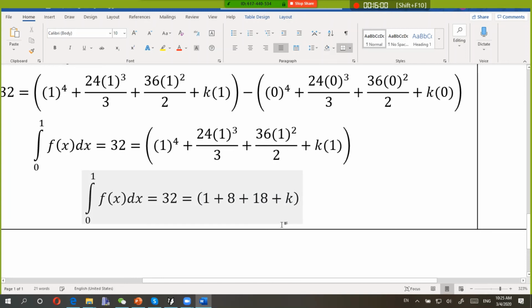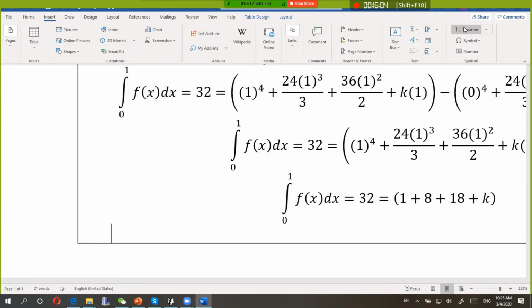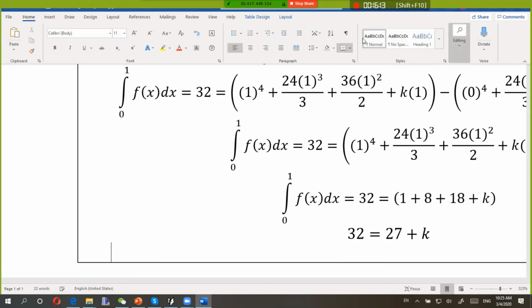So 27 plus k. Okay. So I've got 32 is equal to 27 plus k. Therefore, k is equal to what? 5. Awesome.